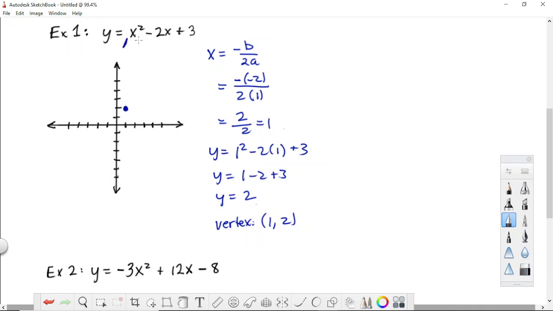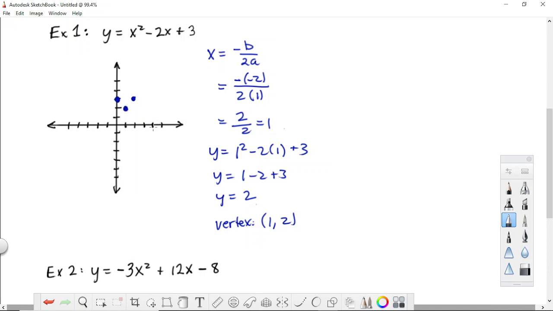It's the number multiplied by x squared, so it's right here. Well, it's 1 in this one, right? There's no number there, so it's 1. So we're going to go to the right by 1, and then we go up by that A, which is 1. And that gives us a point. We go to the left one, and we go up by A, 1 again over there. And then we can sketch it.